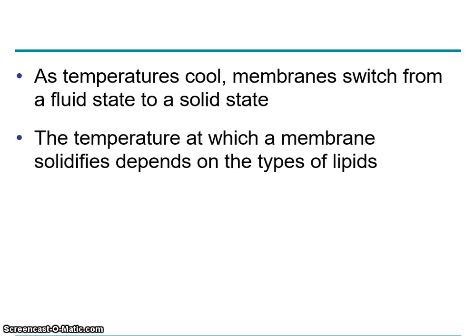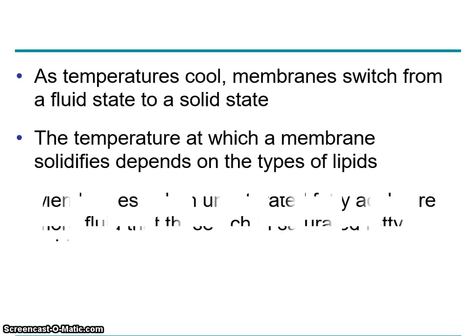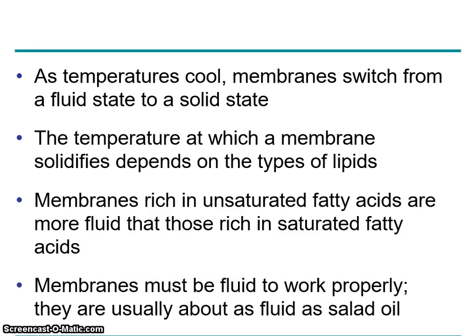Now, some extra tidbits of information about the fluidity of the membrane. As temperature cools, we know that molecules move more slowly, so they slow down their movement. So membranes will actually move from being more fluid to more of a solid state, and that all has to do with temperature.